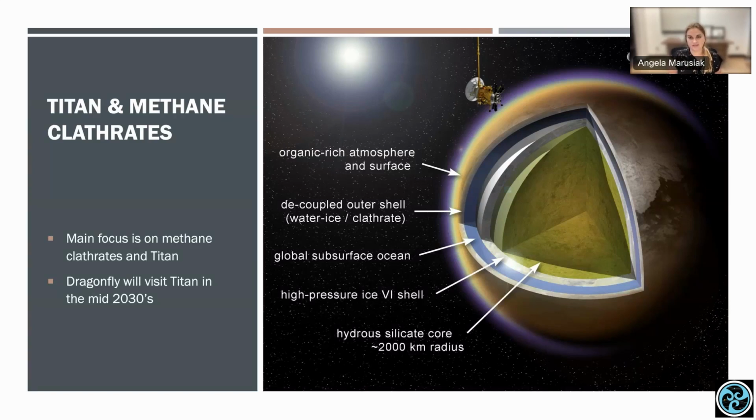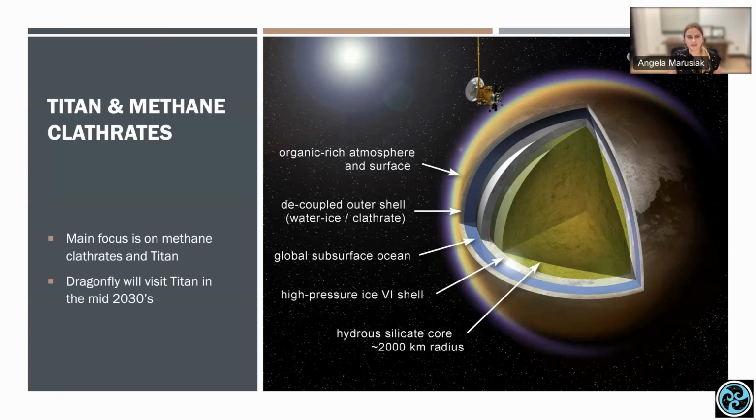Because of Titan's size, it's possible that Titan not only has a surface ice shell, but could also have things like a high pressure ice existing beneath the subsurface ocean before reaching the silicate interior. Of particular interest is an upcoming mission, Dragonfly, which will be headed to Titan in the mid 2030s or so.